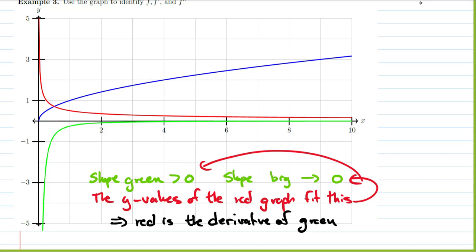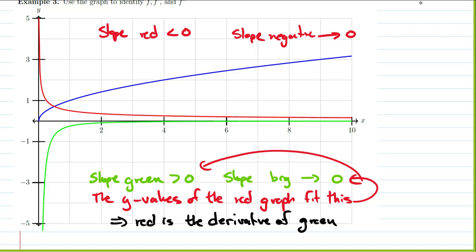So the slope of red is always less than 0, and its slope is going to be a large negative number, and it's going to go to 0 from that side.